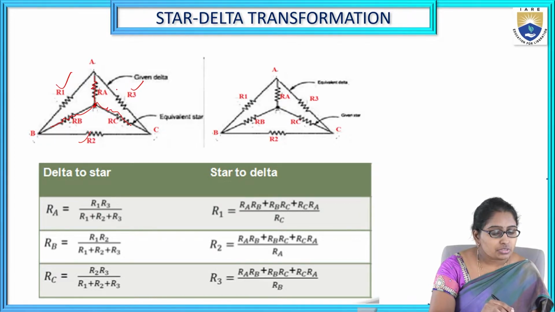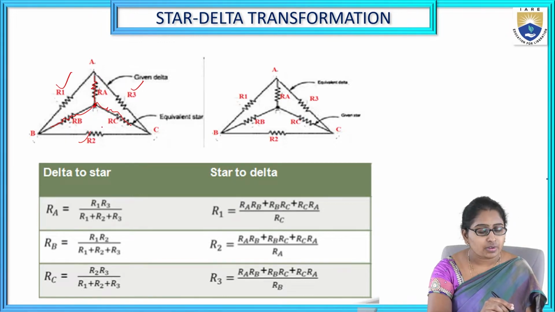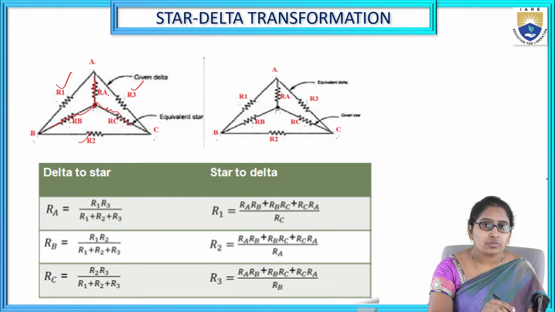Then we can easily understand how to remember these transformation expressions. As I mentioned, given a delta network, we have to write its equivalent star network elements.